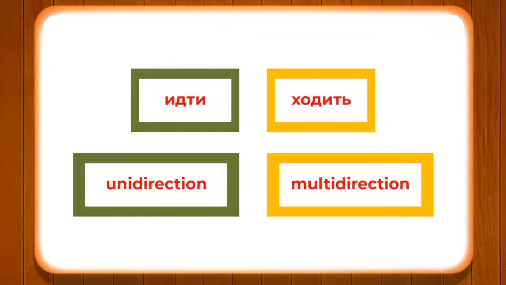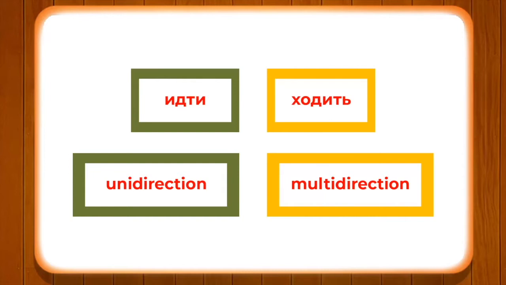Now we will be discussing how and when to use these verbs and what kind of meaning they give in a particular sentence. As we know, movement can be unidirection or multidirection, so depending upon these two aspects we use different sets of verbs.